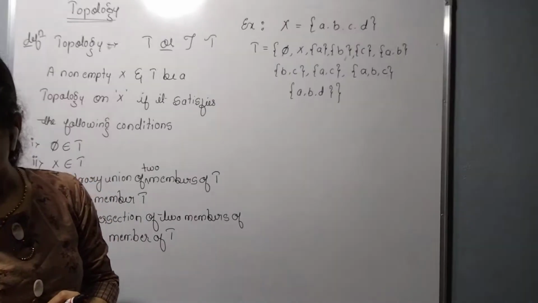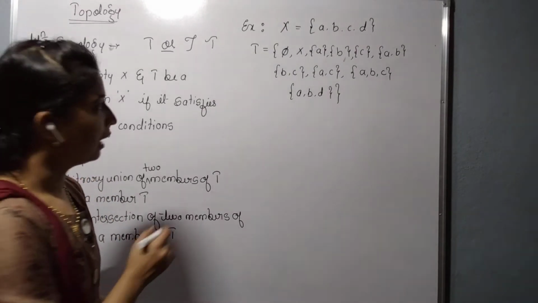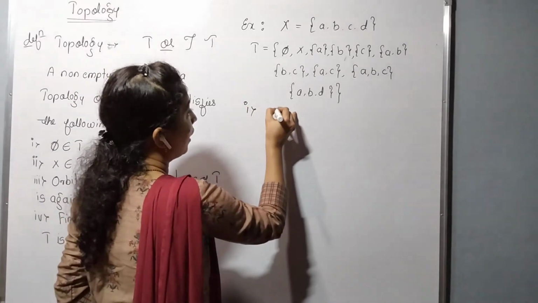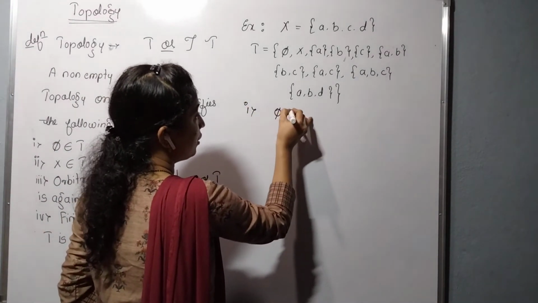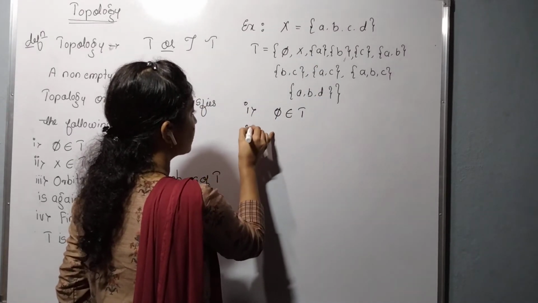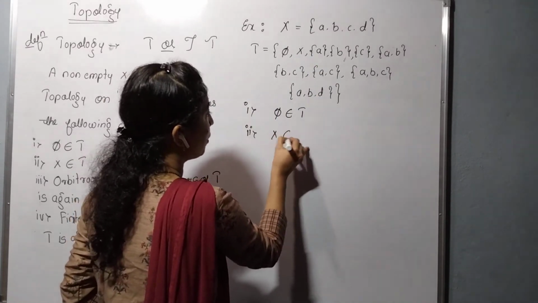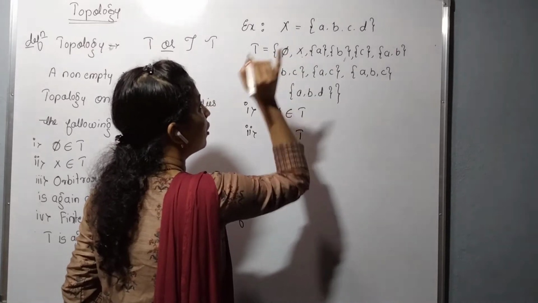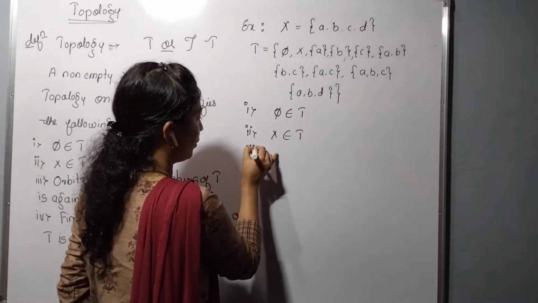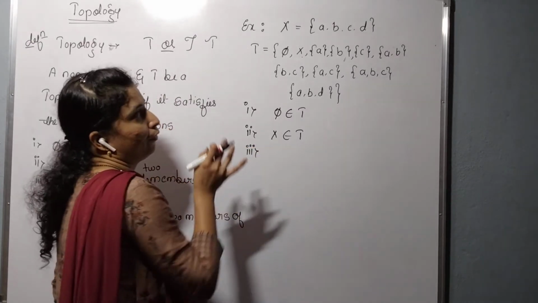So here we have to write the example as follows. First condition, the empty set belongs to tau, already it is there. Second condition, X belongs to tau, already it is also there. Then the third condition, arbitrary union.